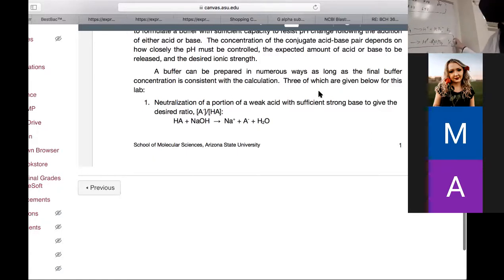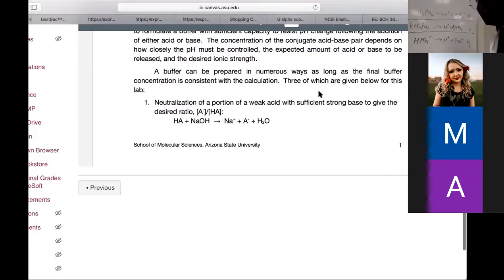That gives you the equilibrium constant K2. Then this keeps going: HPO4 2 minus goes to proton plus PO4 3 minus. This is the third reaction, which gives you the constant K3.